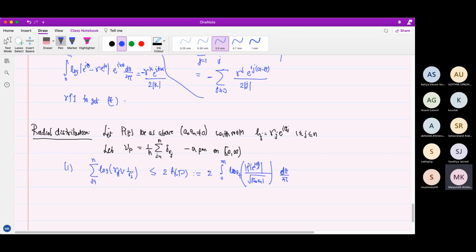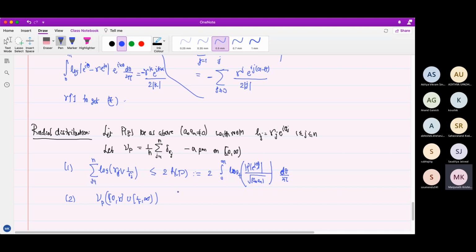So it's the same quantity which controls this. How does it control? It's a simple Chebyshev-like bound. If I take 0 to r union 1 by r to infinity.